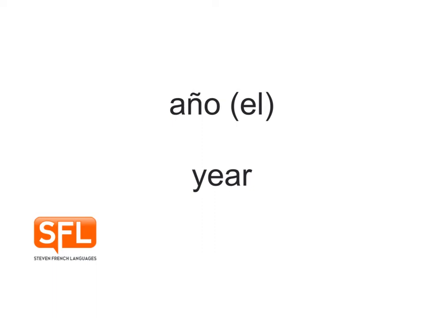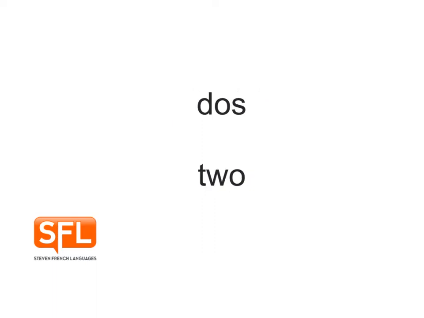Excellent pronunciation. The N with the accent or the tilde on the top don't really put you off. It just means you're going to pronounce it like a ñ, as in onion. So there we go. El año meaning year. Dos. Your turn. And dos means two. It's as simple as that.